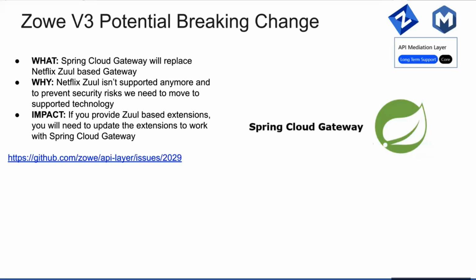Okay, I guess the question is, I'm running a V2 snapshot build right now, and if I look at the Zowe.yaml, there's a gateway component, and then there's also a cloud gateway component. I'm wondering if with this move, anything that was under gateway will just be picked up, or if they're going to remain separate.